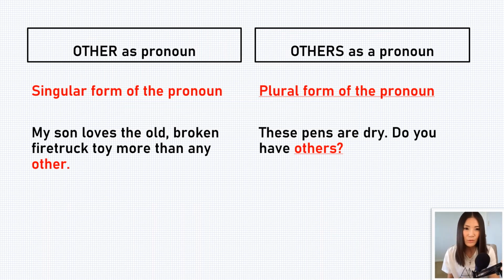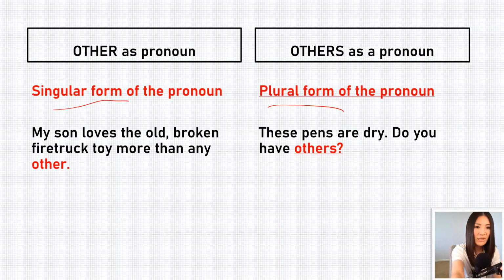The difference between the pronouns other and others is that other is simply a singular form and others will be the plural form of the pronoun. For example, on the left, it says, my son loves the old broken fire truck toy more than any other. So here the word other is a pronoun for more than any other toy, right?